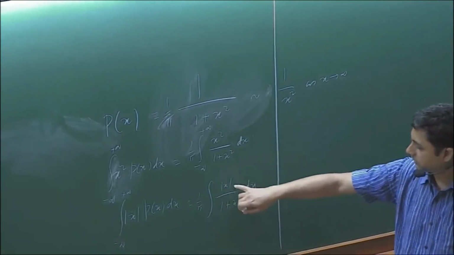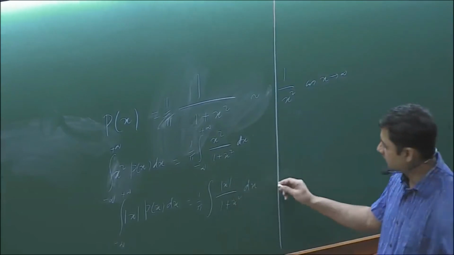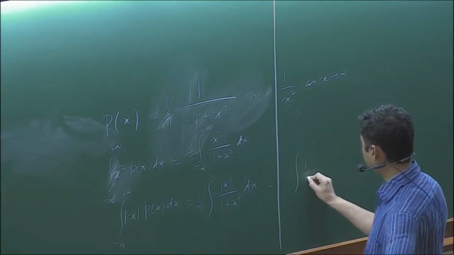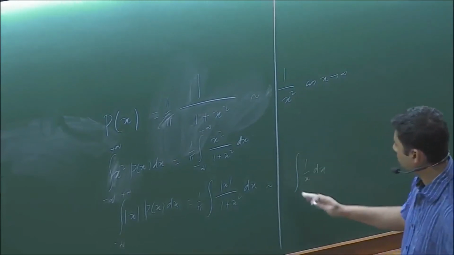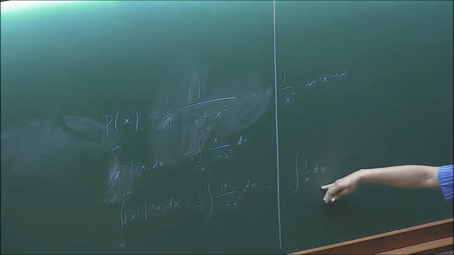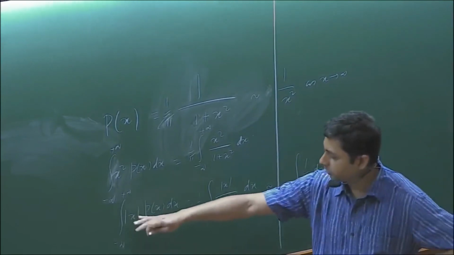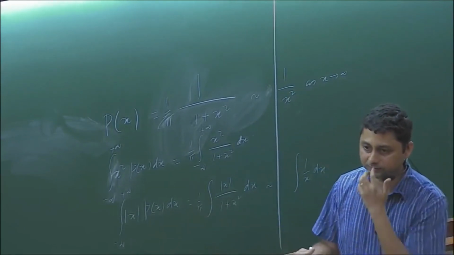Because there is an x square, there is an x there. So this integral roughly goes like, okay, let's look at the one side. So it will go like 1 over x dx. But this is log x, right? Log x, as x goes to infinity, it again goes to infinity, right? So in fact, this moment, mod of x, even this doesn't exist for this distribution, right?